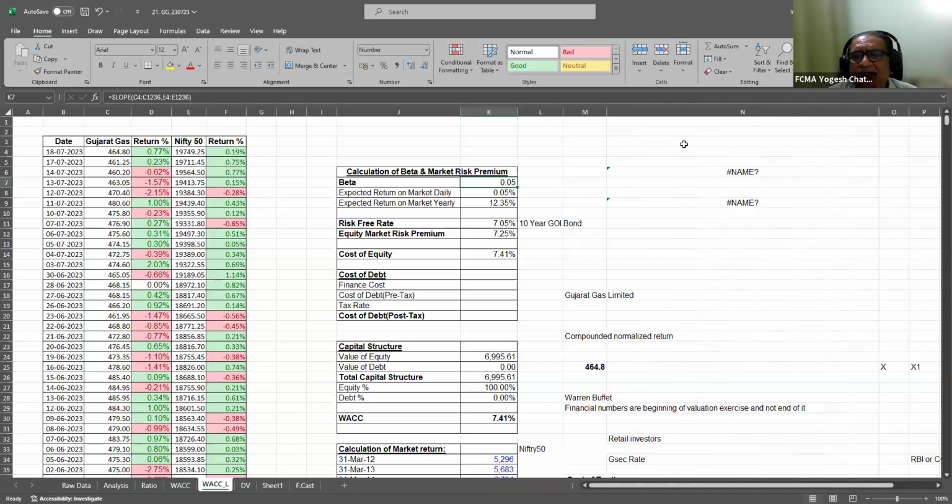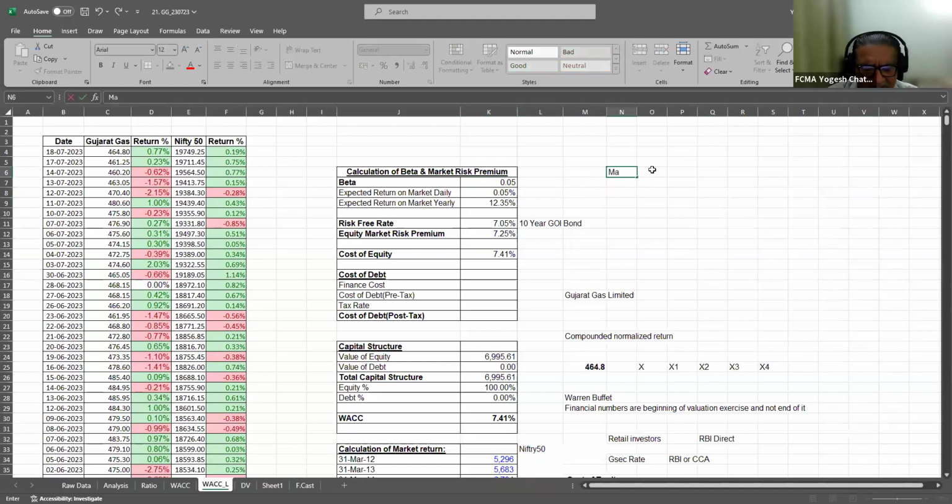Now, how to interpret this beta? As you all are aware, the market return is always 1. So here what I have done is effectively compared the volatility in the prices of Gujarat Gas with the volatility in the Nifty 50 on a daily basis for a period of 5 years.